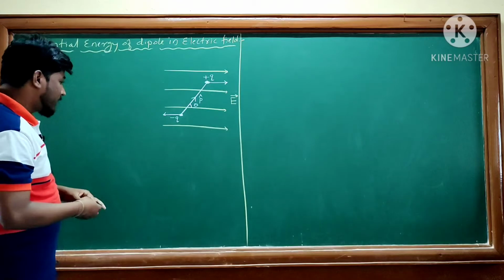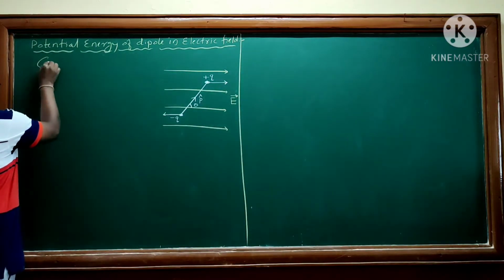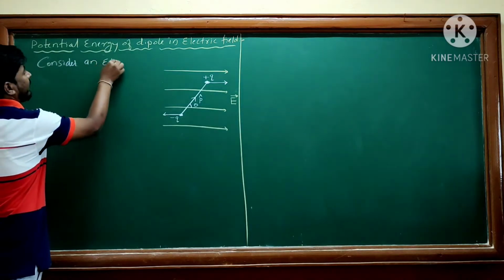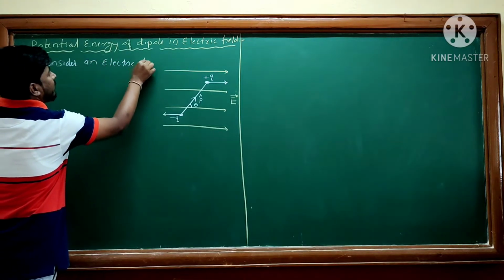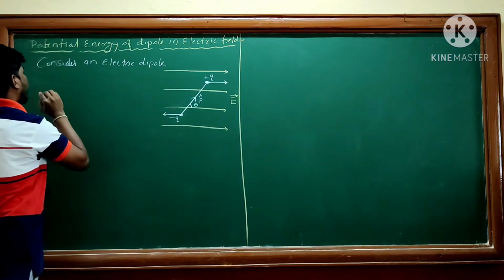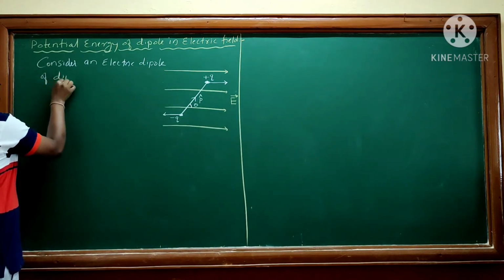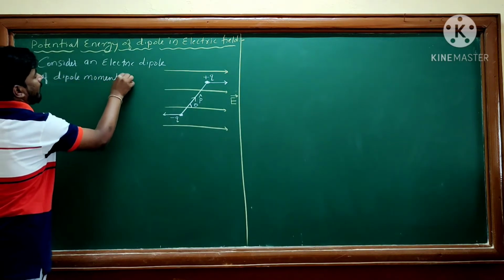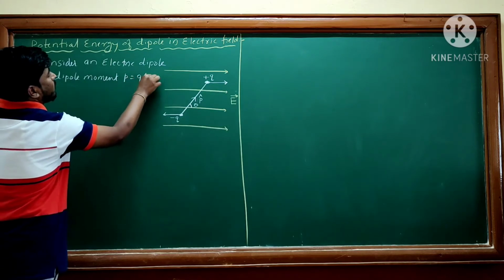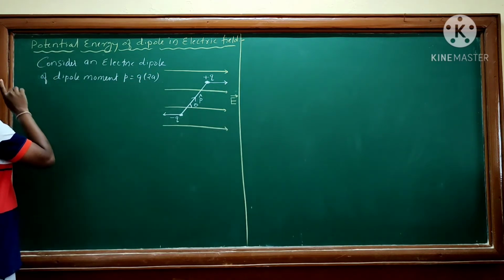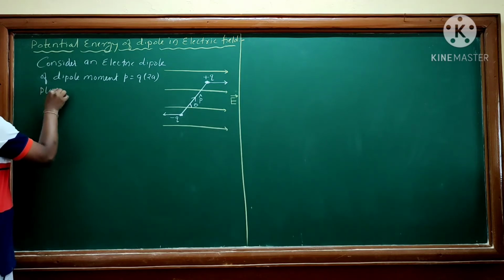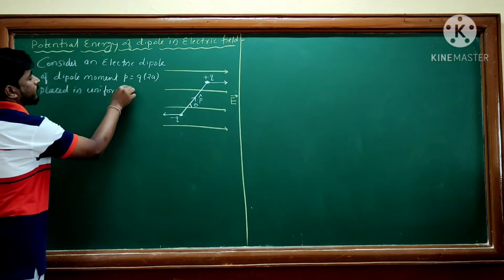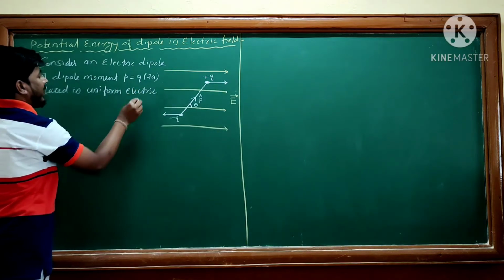Alright, so here we will consider an electric dipole of dipole moment P is equal to Q into 2A placed in a uniform electric field.